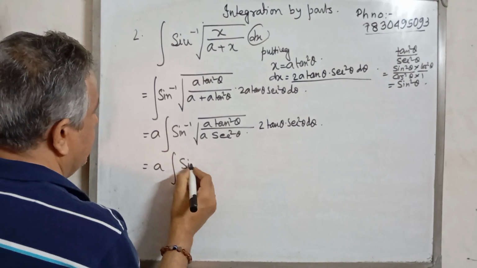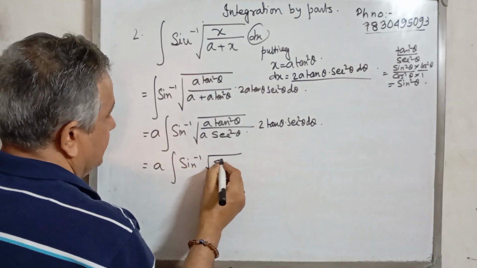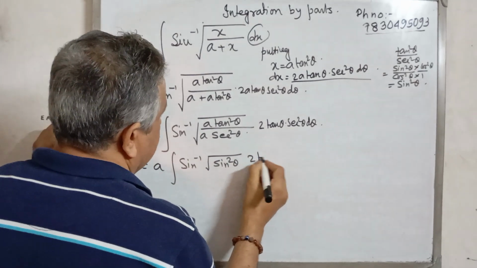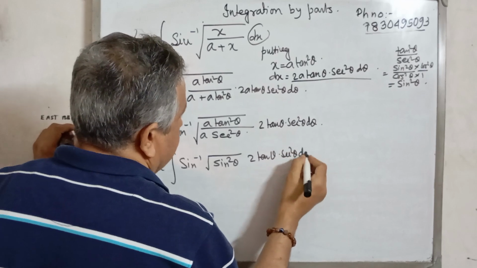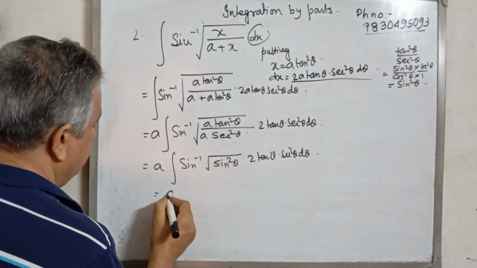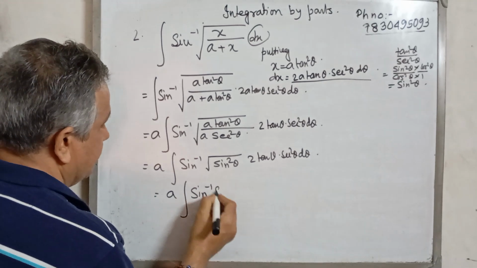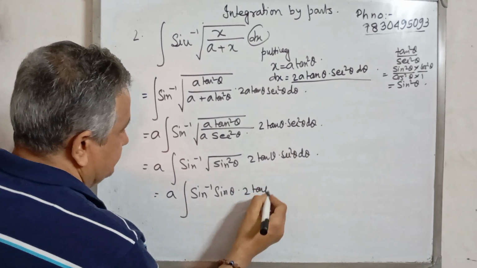So we can write it as root over sin square theta. A cancels, 2 tan theta into sec square theta d theta. So this becomes sin inverse sin theta into 2 tan theta.